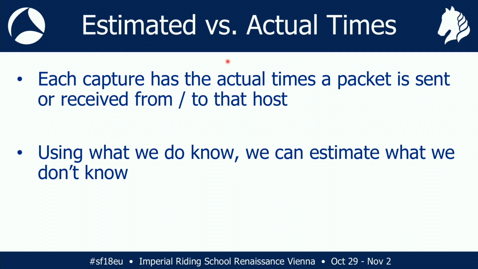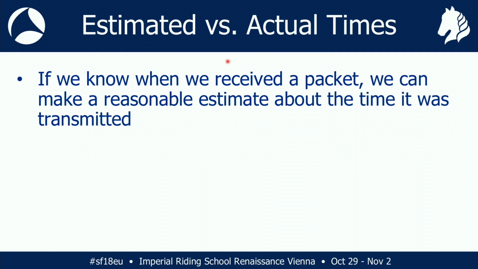So using what we do know, we can estimate what we don't know. So if I know a packet came in and I have an idea what the latency is, I can make an estimate of when it left the other side. And if I know when a packet leaves, I think I have this on the next slide. Yeah, so when we receive a packet, and I want to emphasize, it's a reasonable estimate.